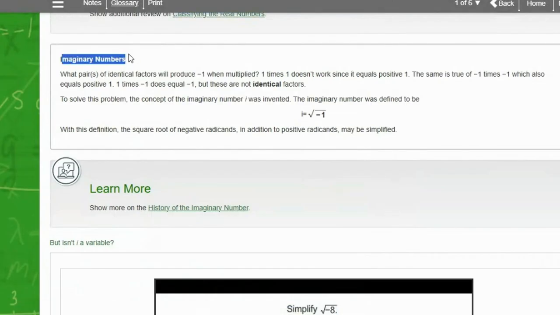Imaginary numbers. What pairs of identical factors will produce -1 when multiplied? That's a good question. I'm going to pull up some notes and get started on this.